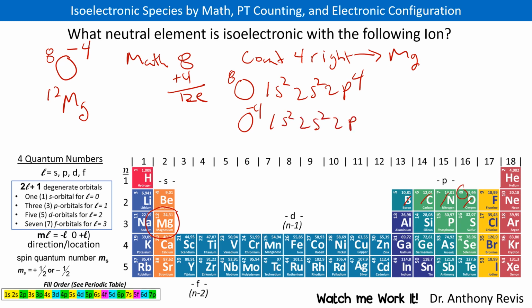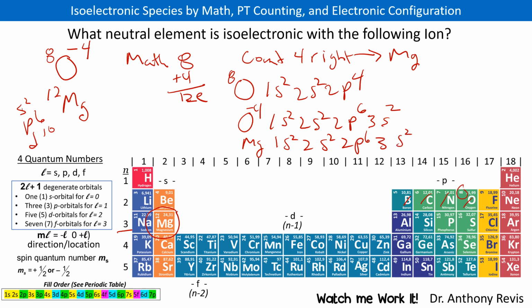We have to add 4, but p maxes out. We know we have s max 2, p max 6, d max 10. So we're going to max this out at 6, and that means we're now in principal quantum number 3, 3s2, which is the same as writing the magnesium electronic configuration.